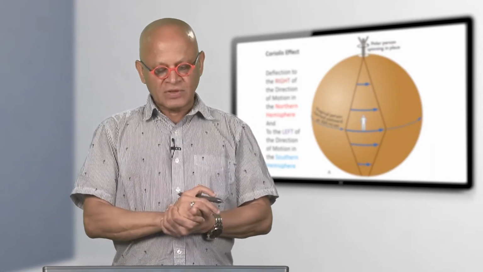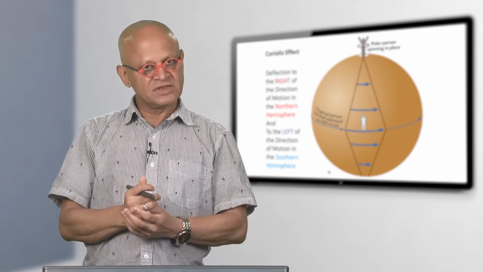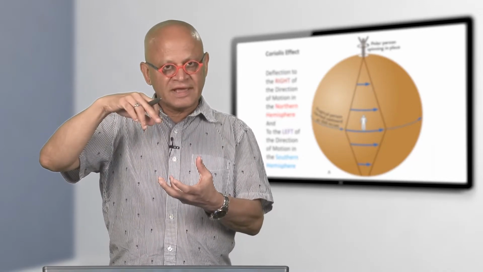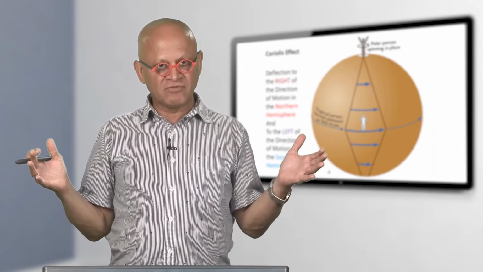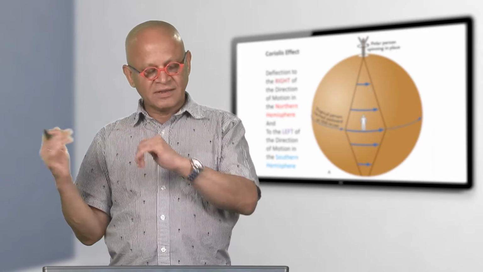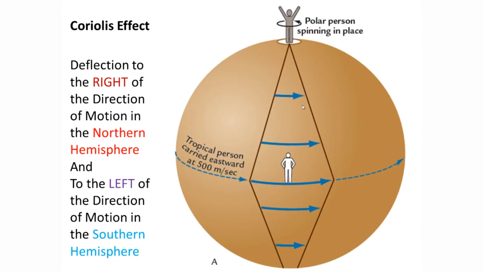The other thing we have not mentioned explicitly, but I am sure you have learned somewhere along the way, is that because the earth is rotating, everything on earth has a tendency to rotate. It is like being on a merry-go-round. If you stand without holding anything, you are going to be pushed to the side, right? That is the Coriolis effect, shown simply here.